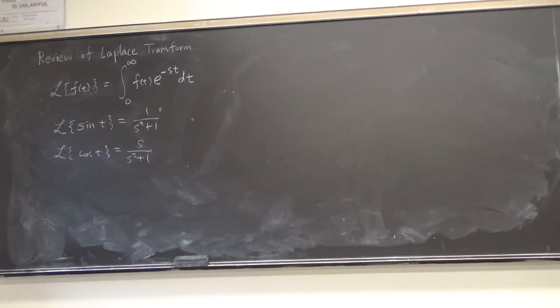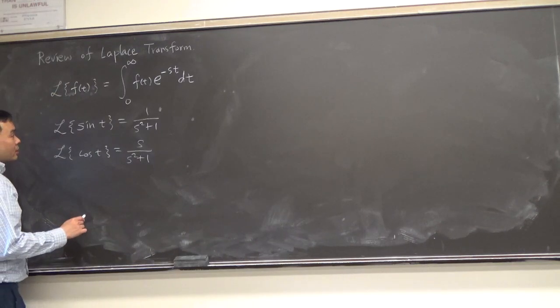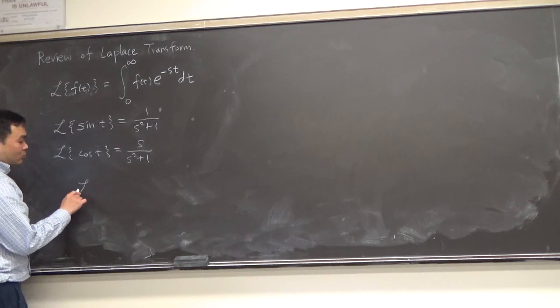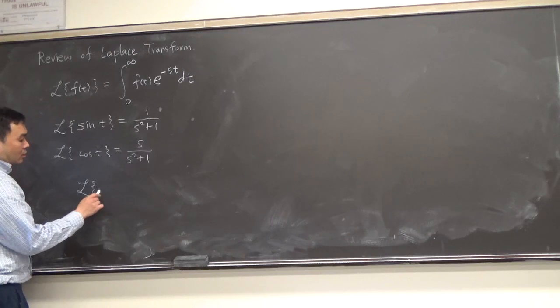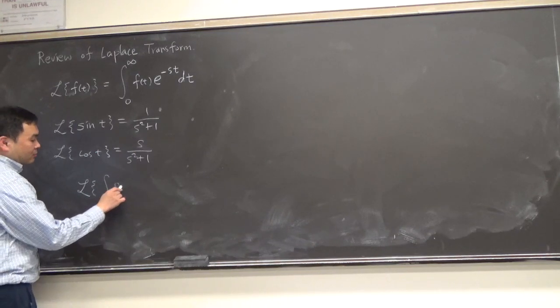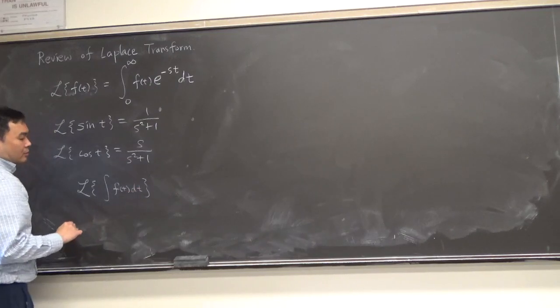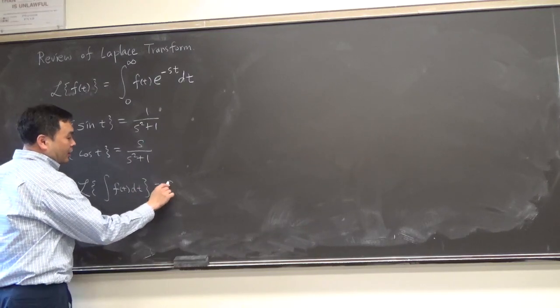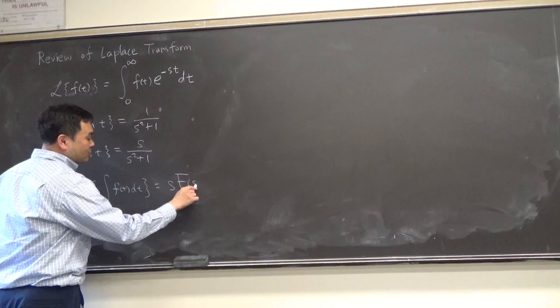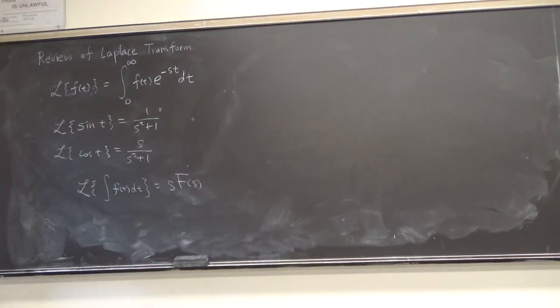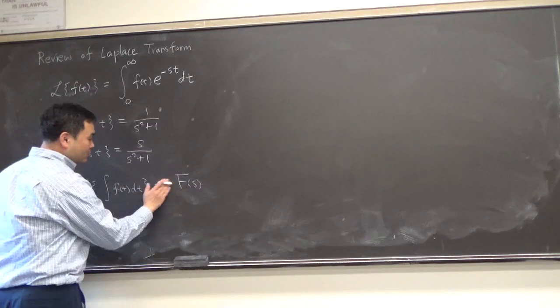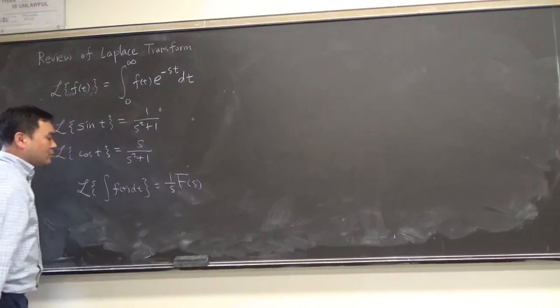But then there's a relationship between these two, which is that if you have Laplace transform of integral of f of t dt, that's same thing as s times capital F of s. And there's such a 1 over s, 1 over s.